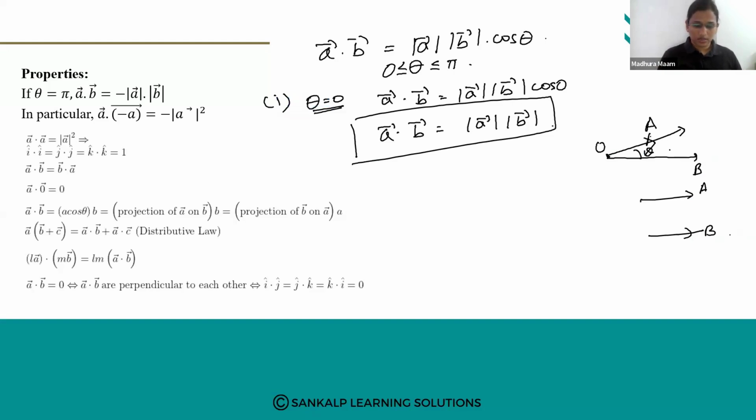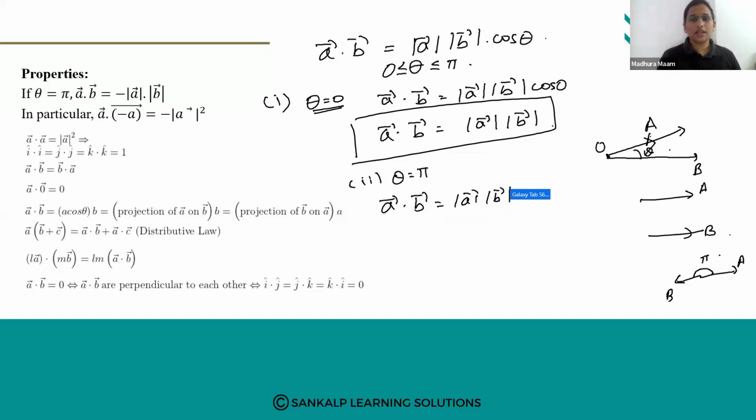If theta is 0. Next, if theta equals pi, that means 180 degrees. This is A, and on this side is your B. So this is 180 degrees. Now you can see that they are completely opposite in direction. If I substitute here, A dot B equals magnitude of A into magnitude of B into cos pi.